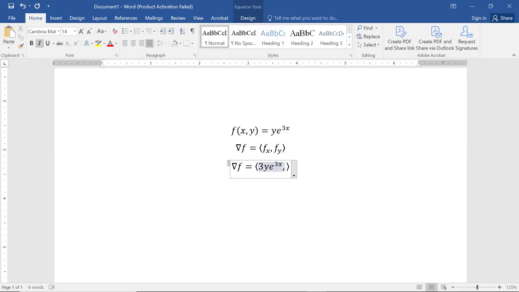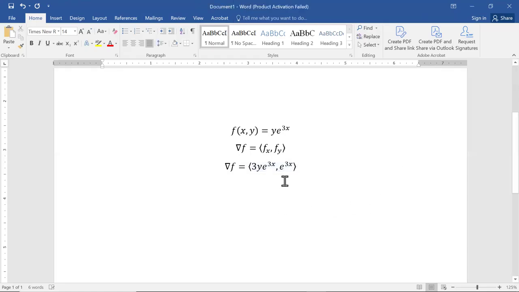The derivative with respect to y, well, e to the 3x is going to be constant, so I just get 1 times e to the 3x. So that's my gradient in this function, f sub x, comma, f sub y. And again, you could plug in any point you want to.